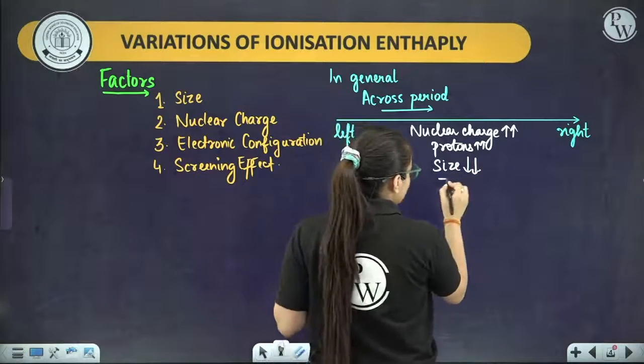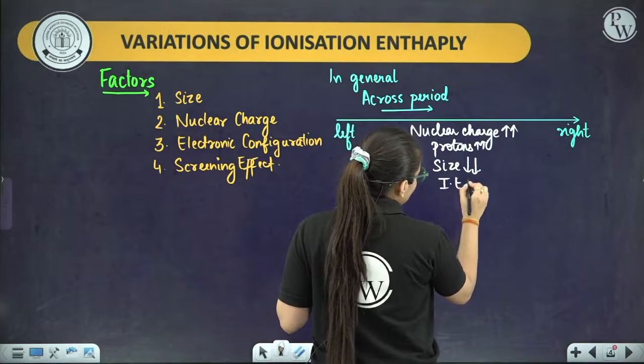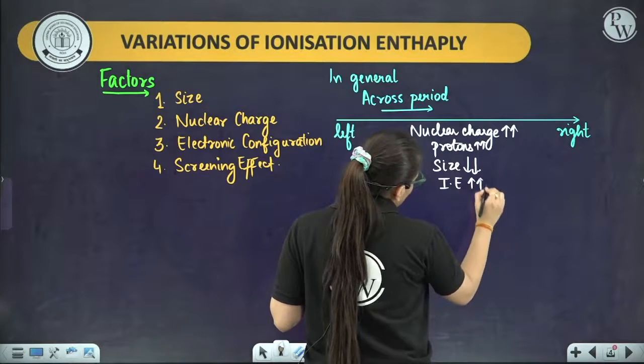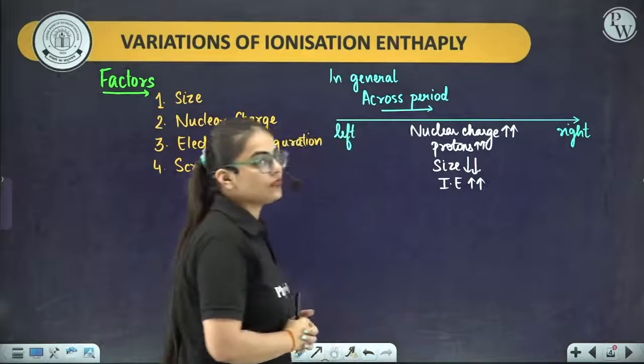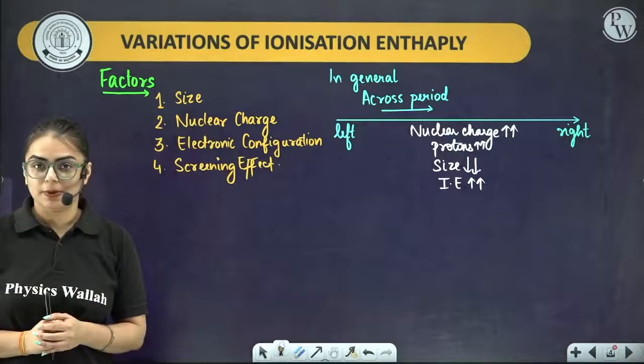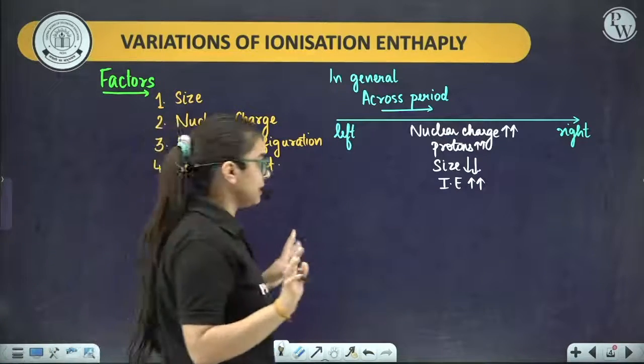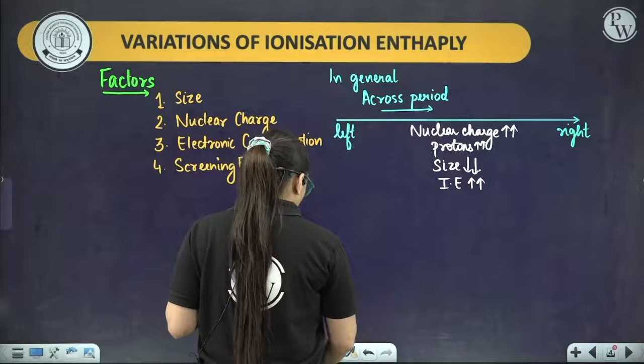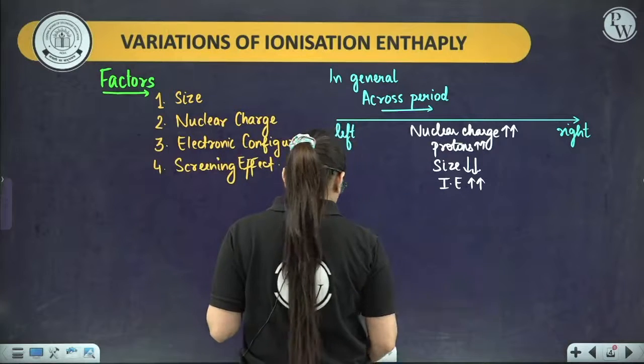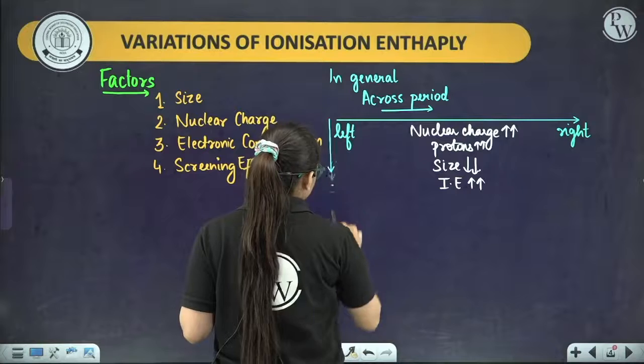If size decreases, students, ionization enthalpy should increase. What should happen to ionization enthalpy? It should increase, everybody. This is in general. Now let us see along the group in general.